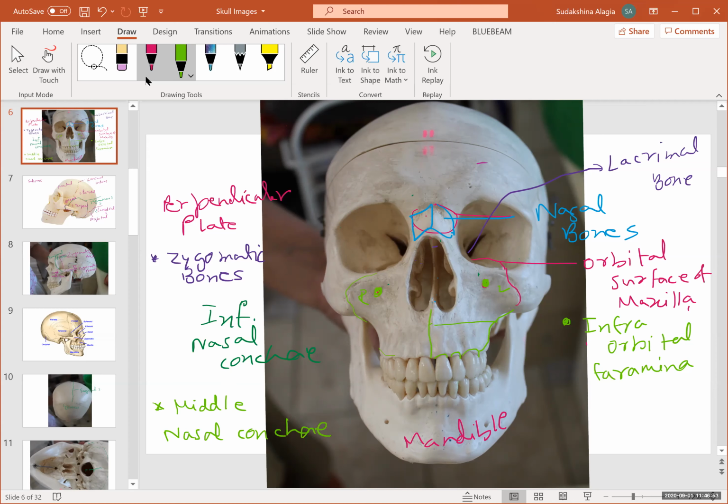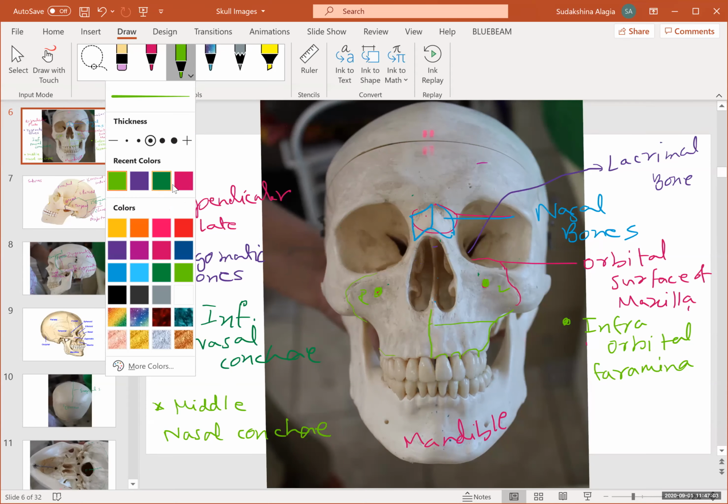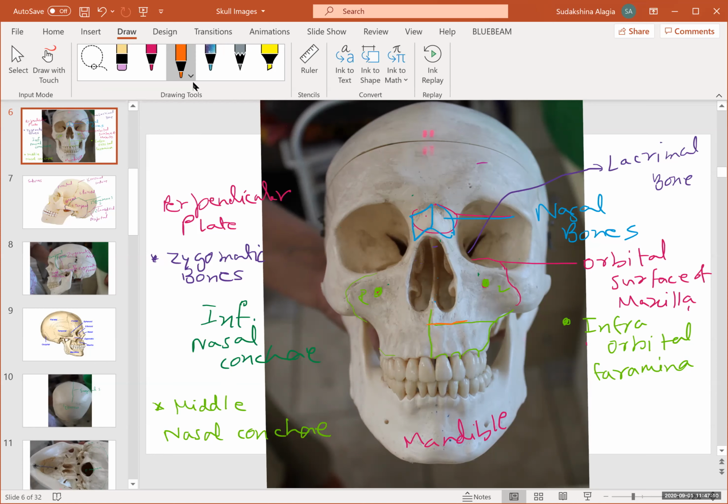So for each maxillary bone, this part, which holds the tooth sockets, from here to here, let me use orange, this is what we refer to as the alveolar process of maxilla or maxillary bone.